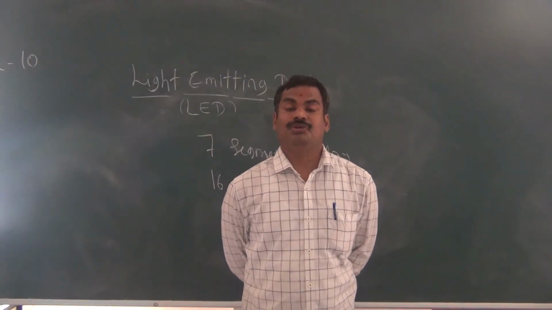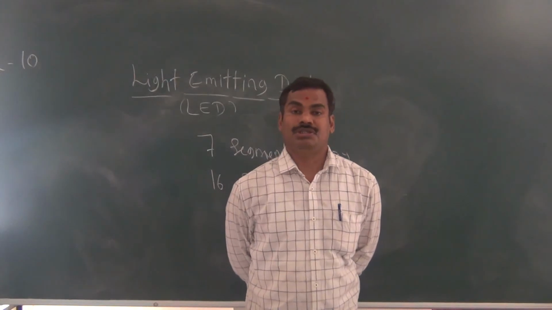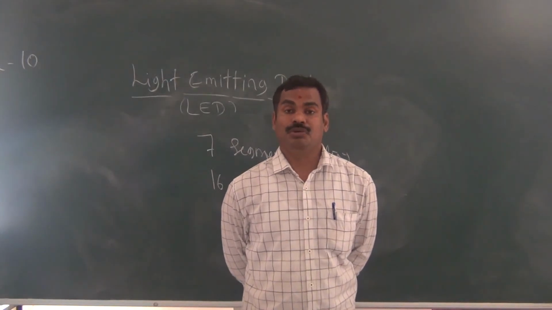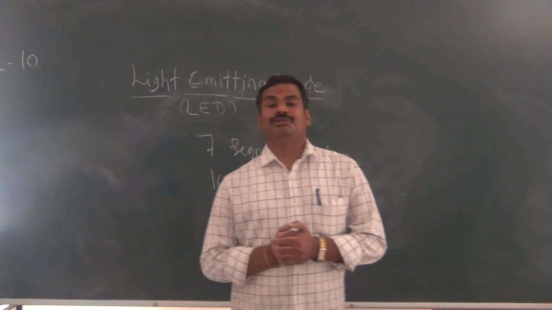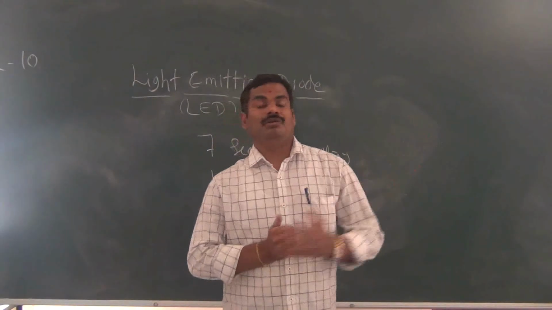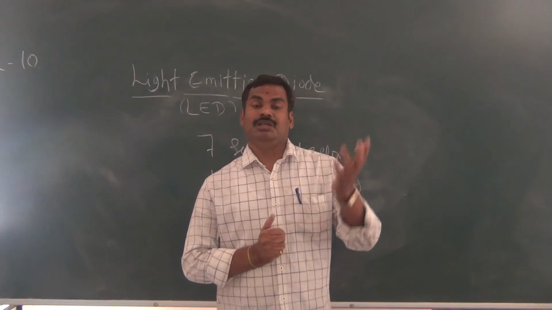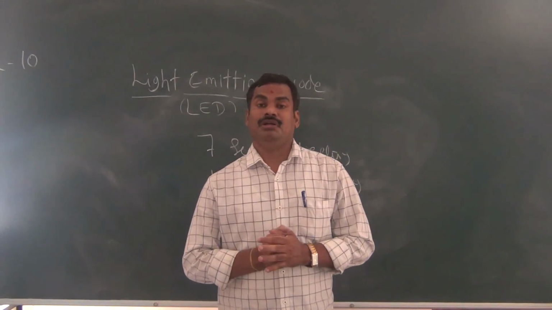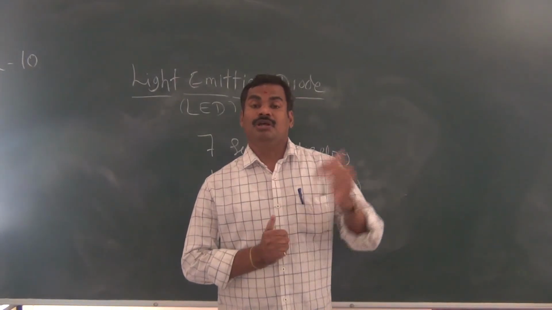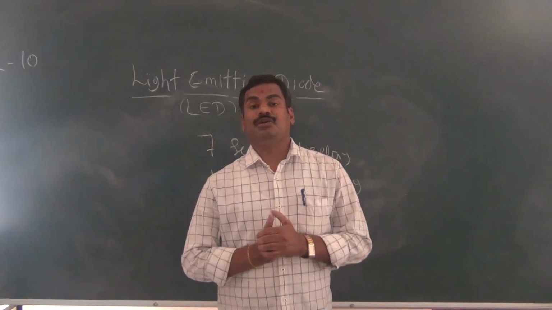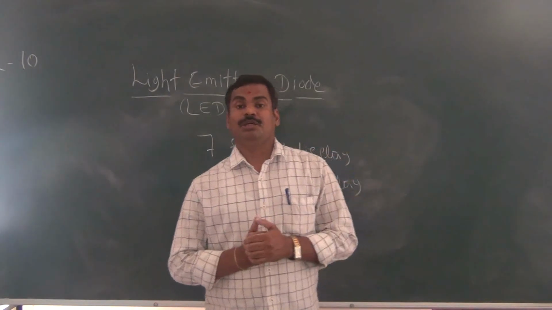The important thing: don't confuse the LED with the photodiode. The LED is a heavily doped PN junction diode. You are not using normal silicon or germanium; you are using a compound semiconductor whose energy gap is more than 1.8 electron volt, up to 3 electron volt. Whenever the electron and hole recombine, they give the energy in terms of light.